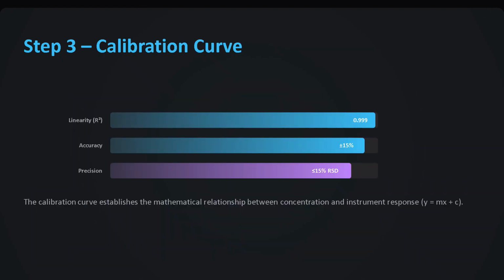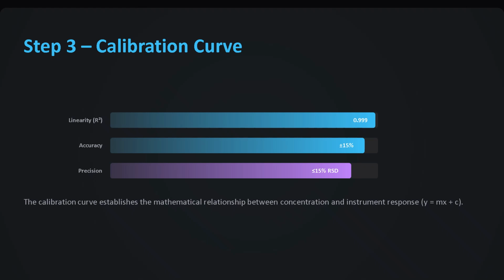The next stage of the workflow is establishing a calibration curve, which forms the basis of quantitative measurement. A series of standard solutions containing known concentrations of the analyte are prepared and analyzed using the developed method. The instrument response, usually the peak area ratio between the analyte and internal standard, is plotted against the concentration.